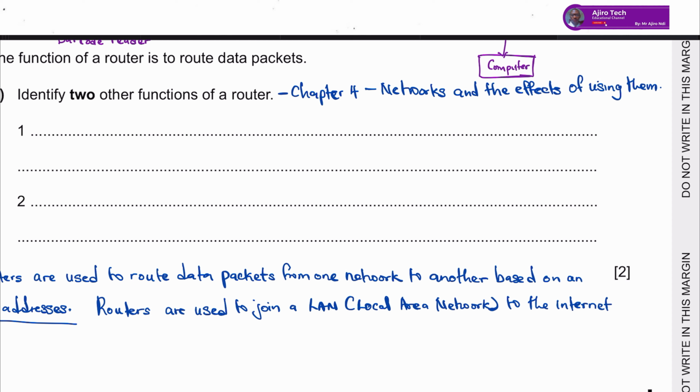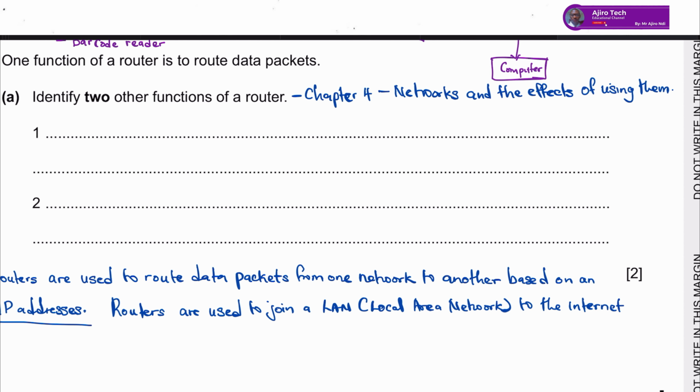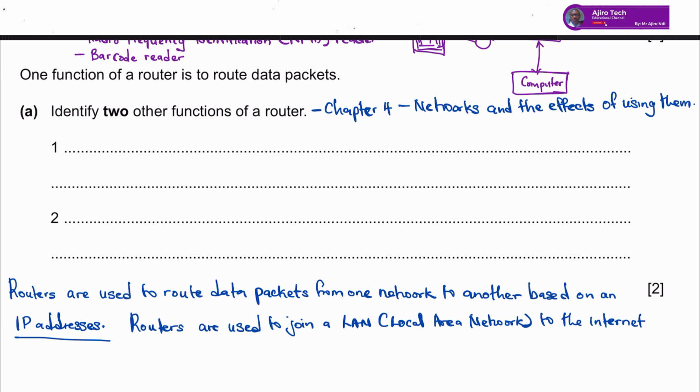So when we talk about the function of a router, the first one is to route data packets. We've looked at the definition of why that is so. Another function is that a router has what we call a routing table.